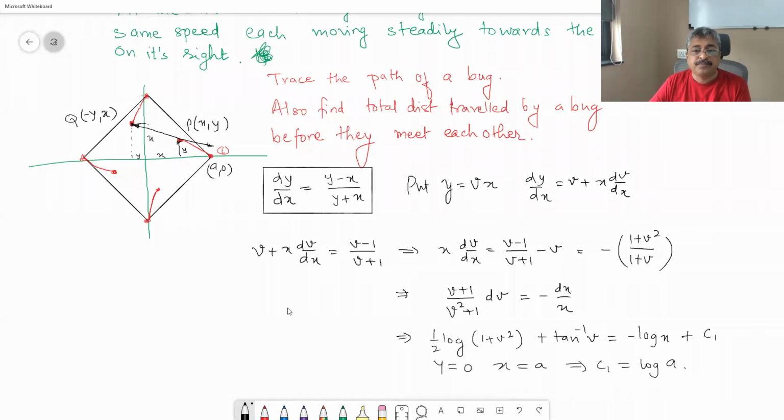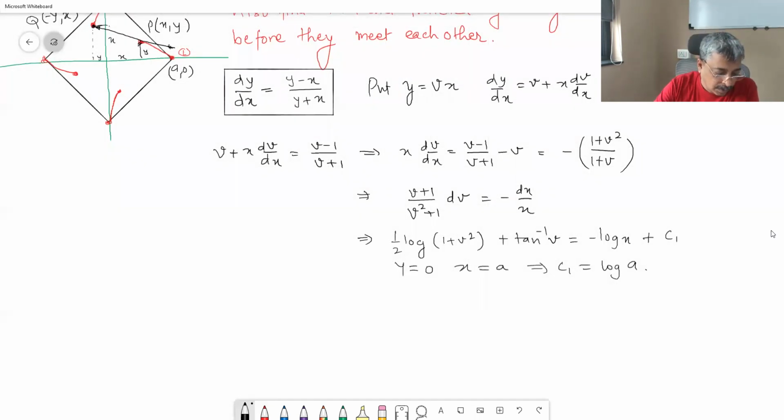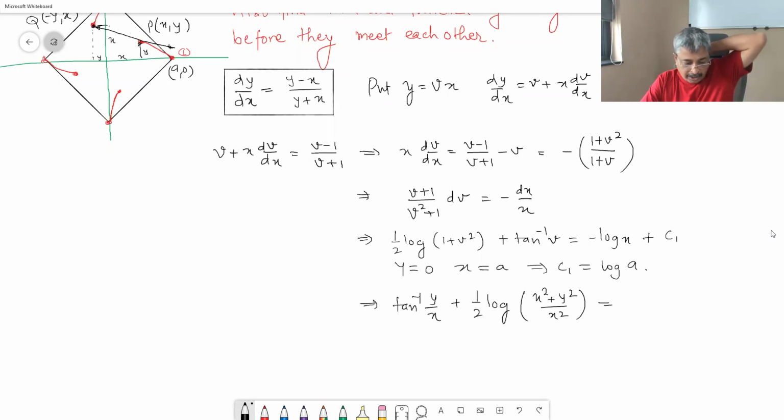And therefore our solution is tan inverse V, which is y by x, plus half log inside bracket x square plus y square upon x square, that is 1 plus V square, is equal to minus log x plus log a, which is log a upon x.